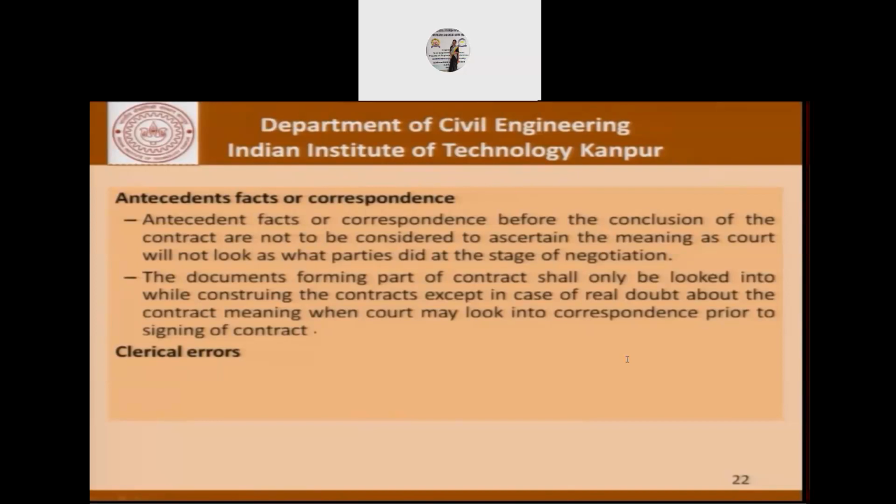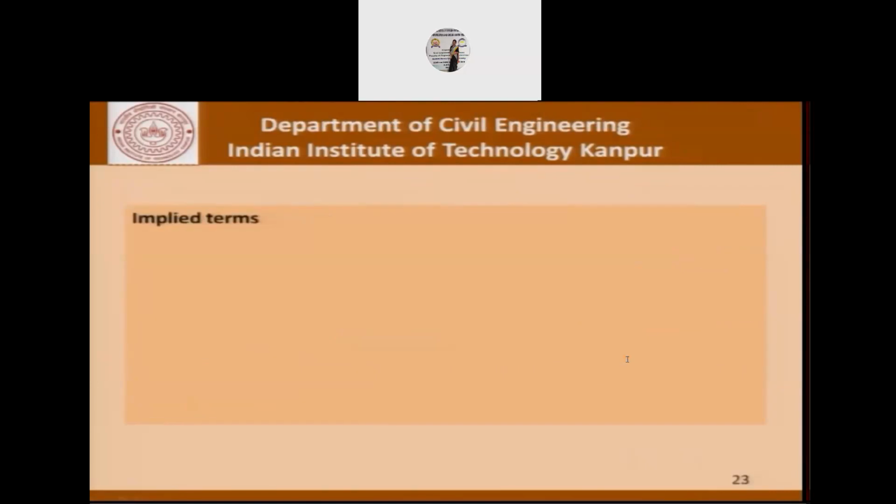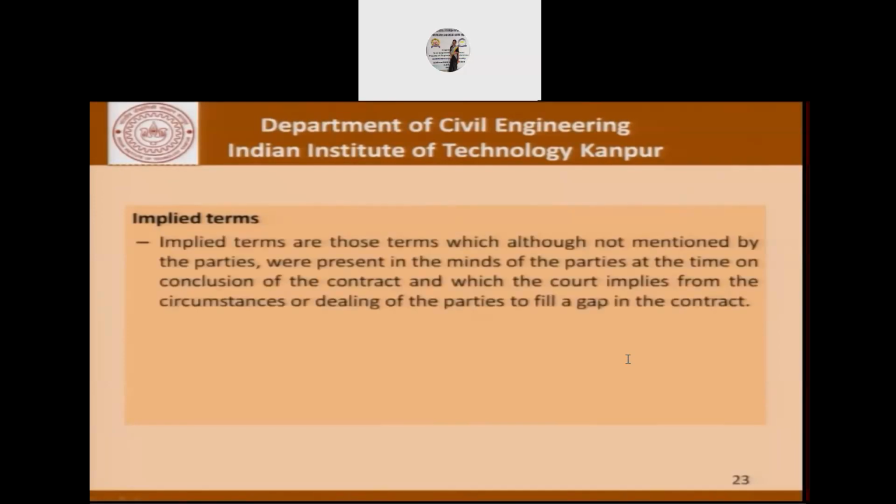As far as clerical errors are concerned, in case of obvious clerical errors, the correct meaning is to be taken. As far as implied terms are concerned, contracts may have implied terms, which were present in the minds of the parties at the time of the conclusion of the contract, and which the court or arbitrator infers from the circumstances of the parties to fill a gap in the contract.